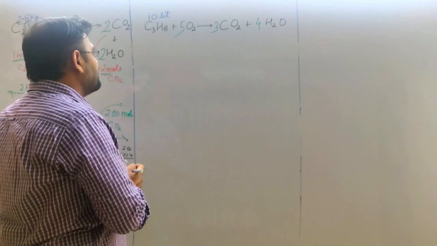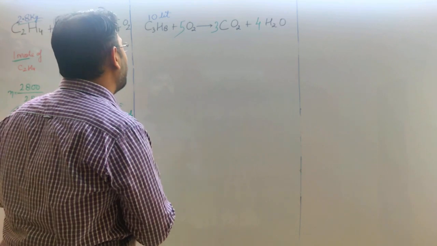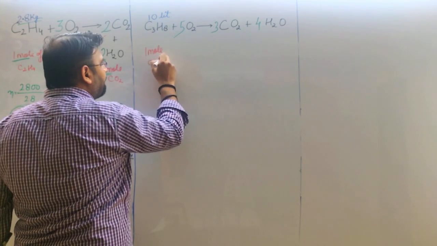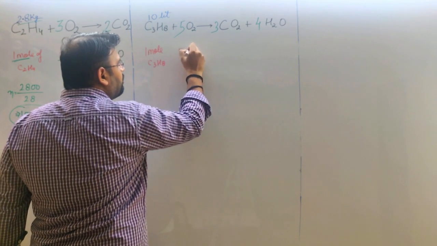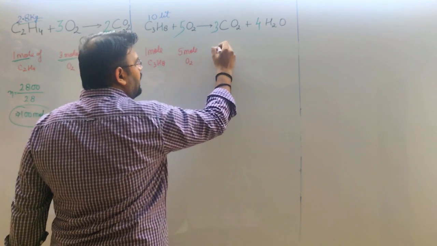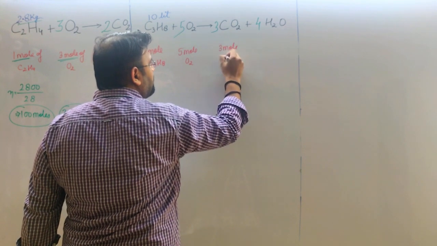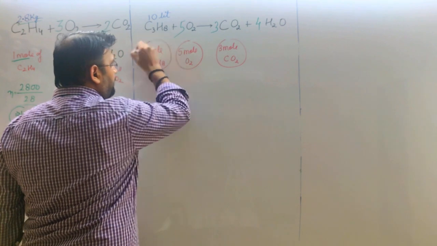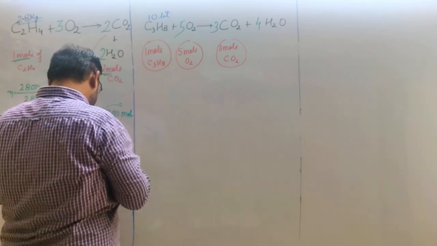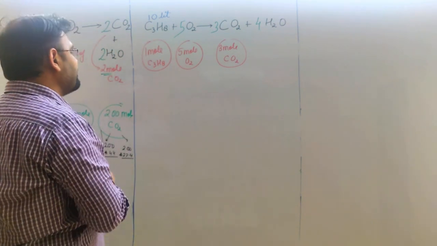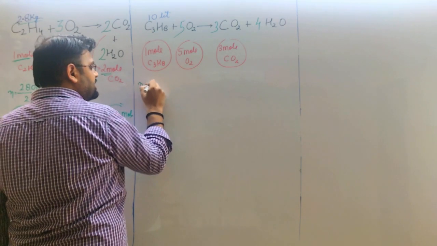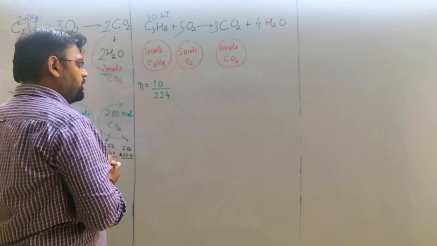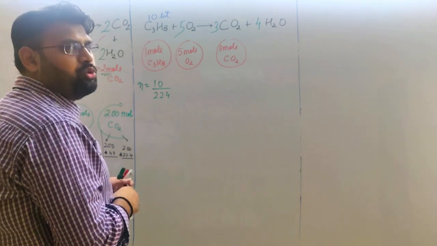Now see, according to stoichiometry, 1 mole of C3H8 requires 5 mole of oxygen and 3 mole of CO2 is produced. So how many moles of C3H8 do we have? Let's find it out. n is equal to 10 liters divided by 22.4 liters, the volume given upon 22.4 liters.